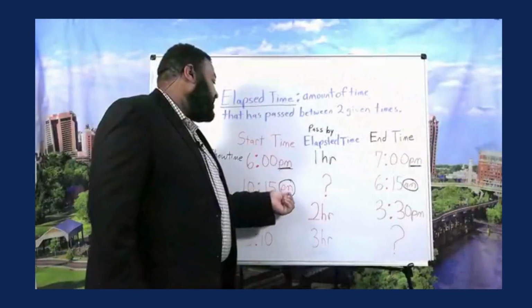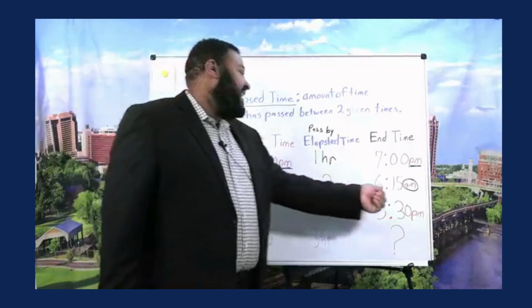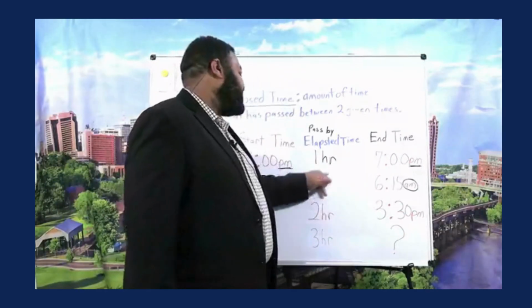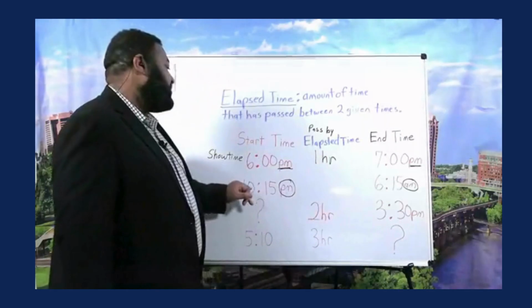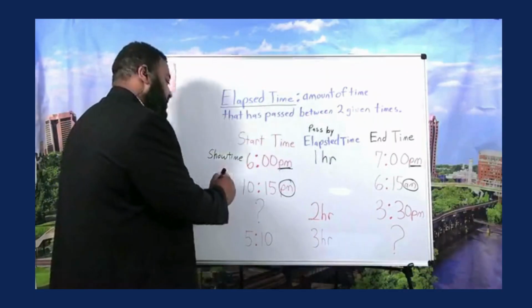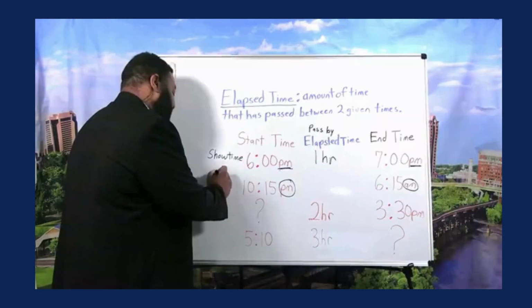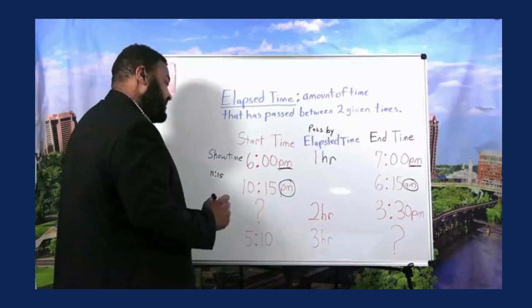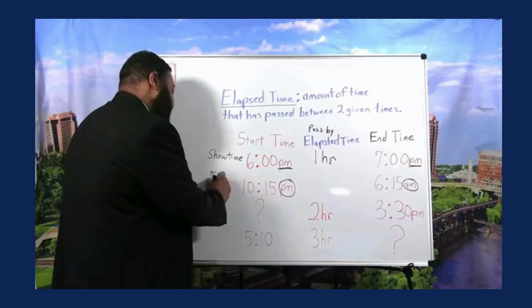And of course, if you have p.m. and you're going to a.m., that is what's happening right here. So check this out. I'm good right here because I have 10:15, 11:15, 12:15.